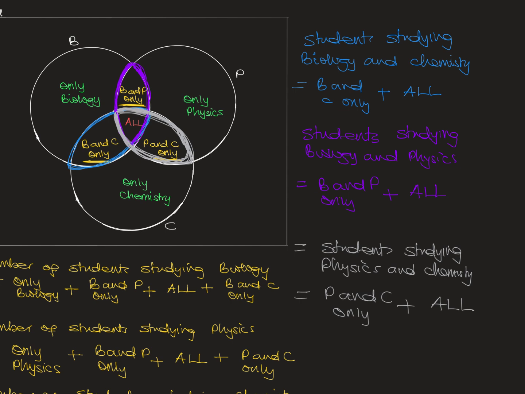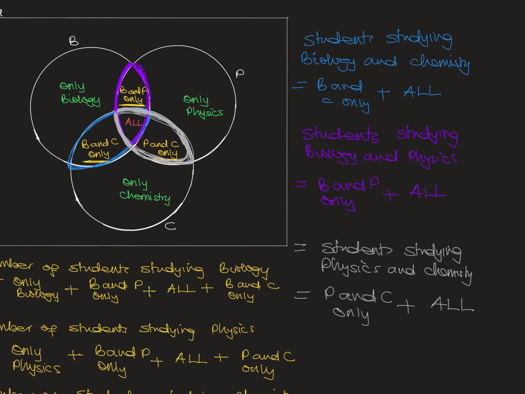Why is this detail very important? It is because in some questions they will ask you about probability, and you can only get the answer of probability if you get the information right. So for example, if they say those studying physics and chemistry, it will be wrong for me to come and say the number that I have here divided by the total.